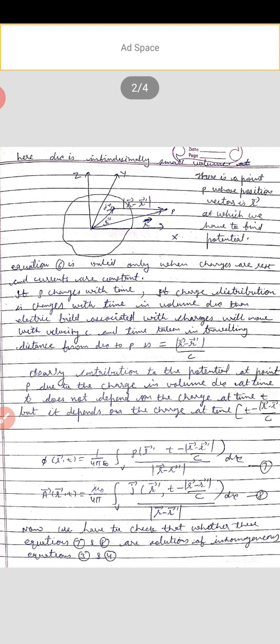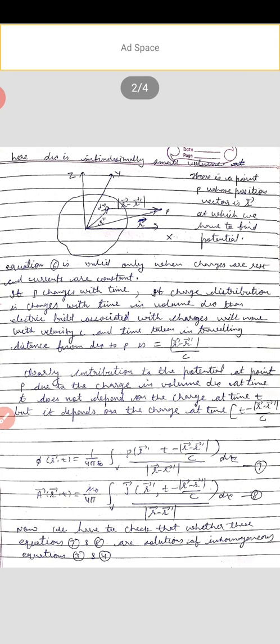Time is equal to displacement divided by velocity, or we can say time is equal to distance divided by speed.